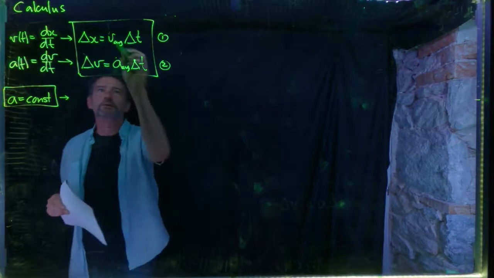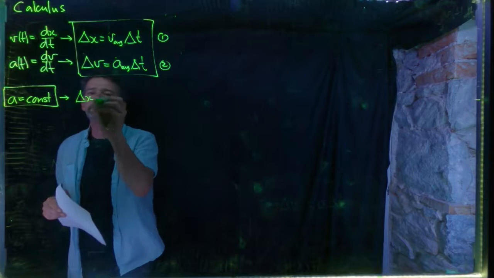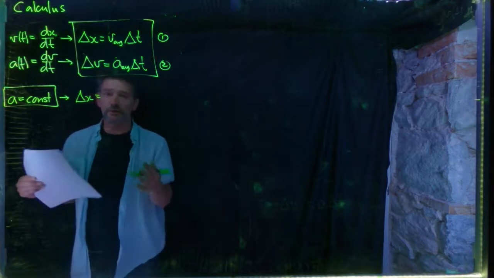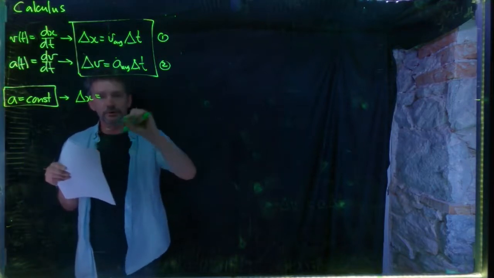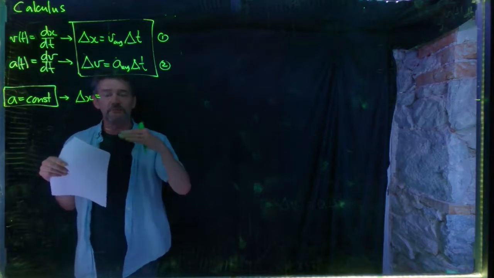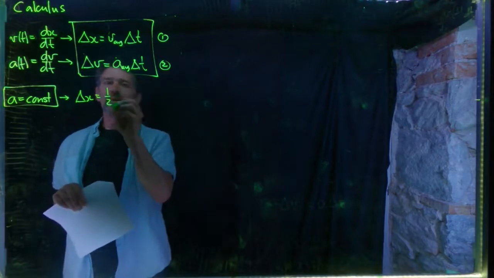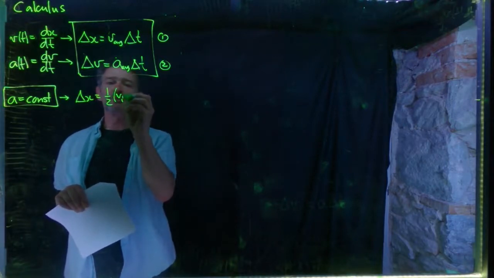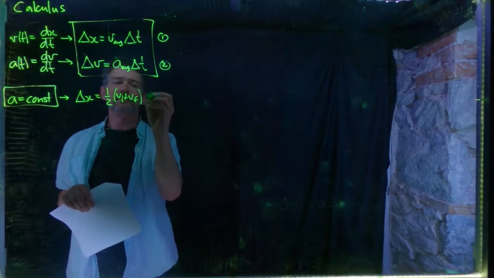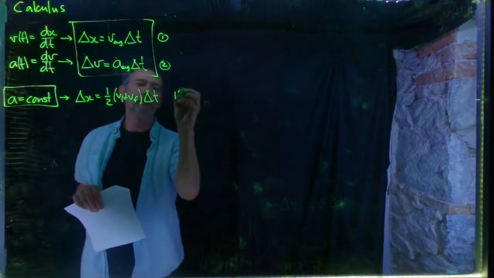So first of all, in this formula number 1, V average becomes, if the acceleration is constant, then the velocity is changing linearly with time, and the average is just the final plus the initial divided by 2. It's the midway point. So V average in that formula becomes 1/2 (V initial plus V final) times the time interval delta t. So we'll call this equation 1 prime.